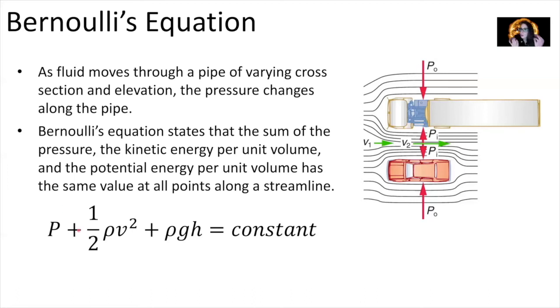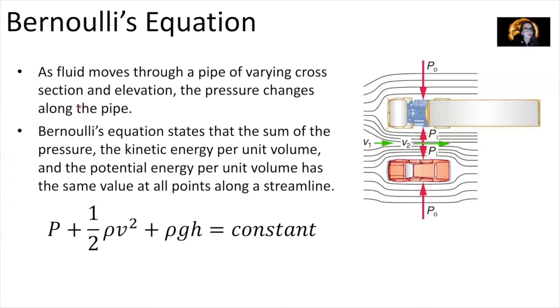So you choose one point within your system and another point within your system. And then you have to satisfy Bernoulli's equation at both of those points. The sum of the pressure plus 1/2 rho v squared plus rho g h has to equal the sum of all those quantities at some other point in your system, assuming you're moving along the same streamline, okay?